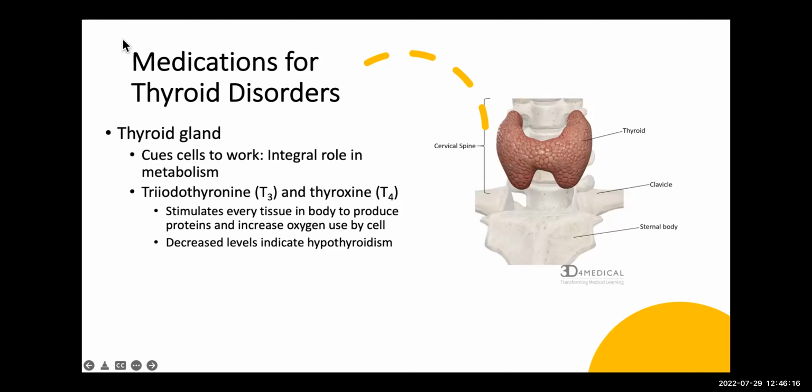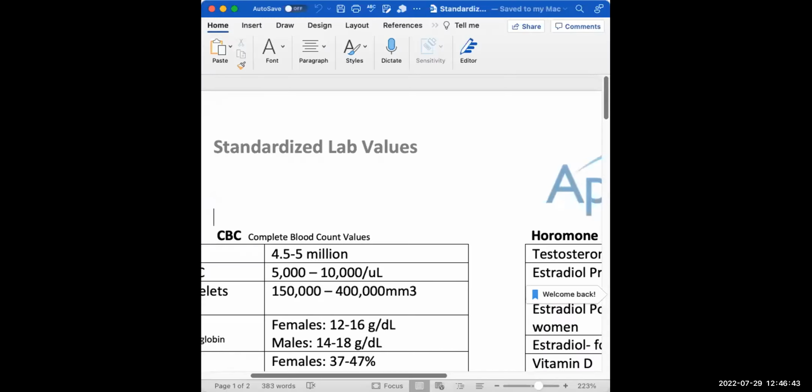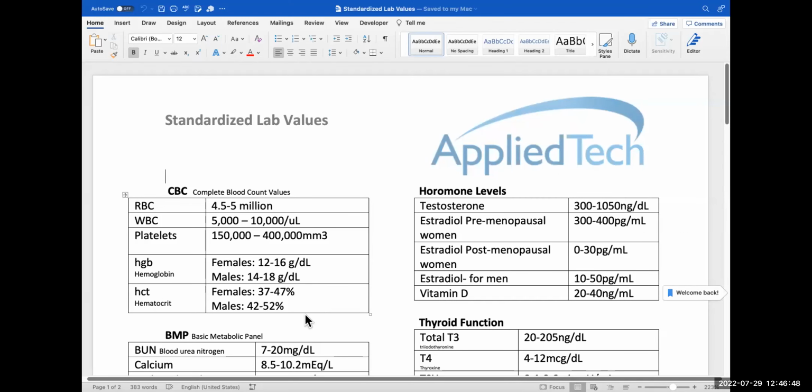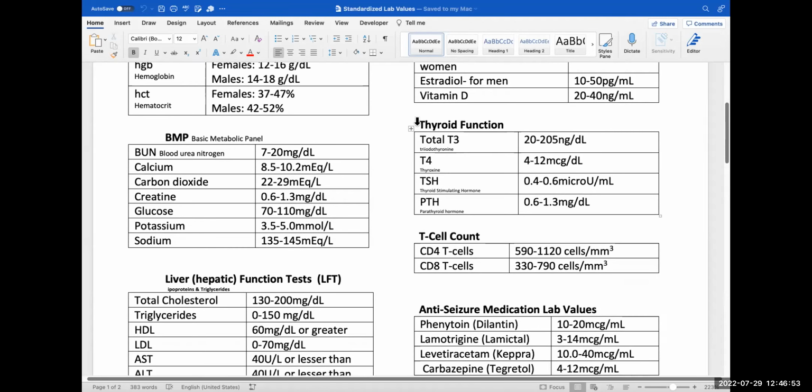So while we're getting ready to talk about the medications that are actually for the thyroid disorder, let's just talk about some of those lab values. You should be able to refer back to your lab values. So you see here that we have a thyroid function.